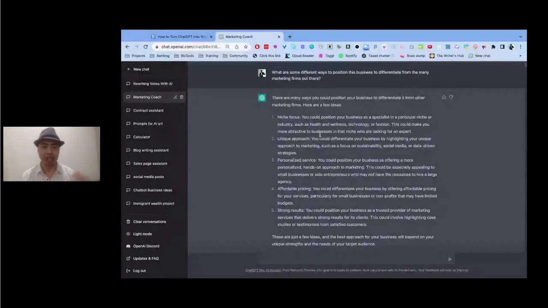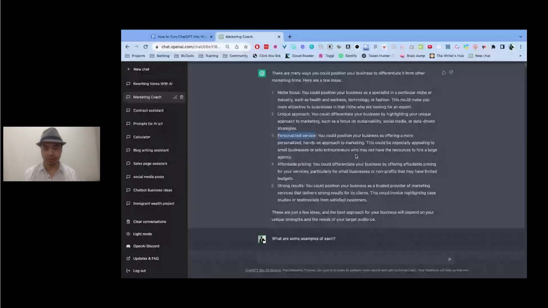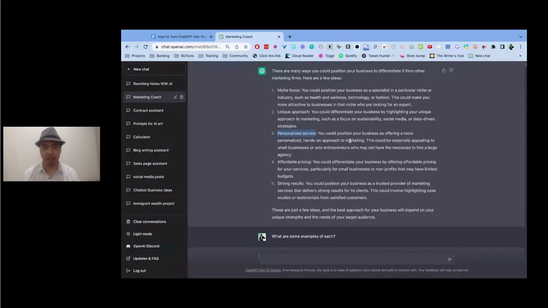So you can position on a specific niche, for example, or an industry such as health and wellness, technology, or fashion. You could also position number 2 with a unique approach. So perhaps you could differentiate your business by highlighting your unique approach to marketing, such as a focus on sustainability, social media, or data-driven strategies. Number 3 is personalized service. So that's another way to position the business.